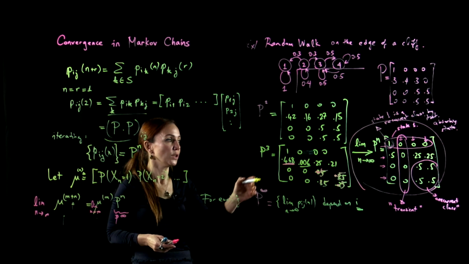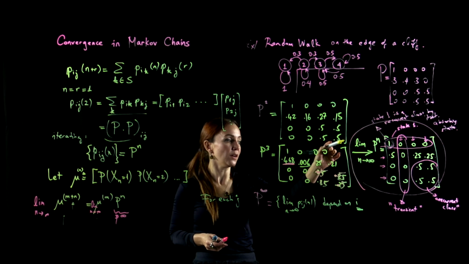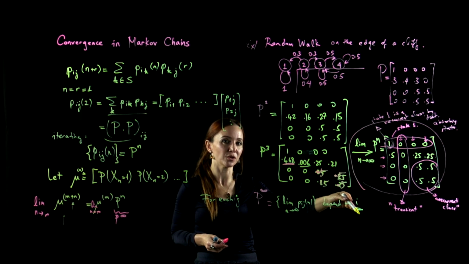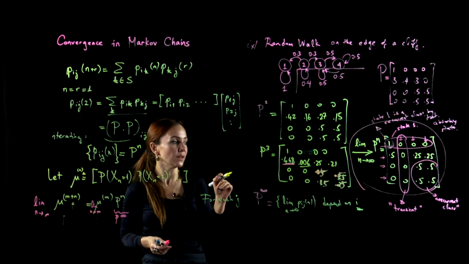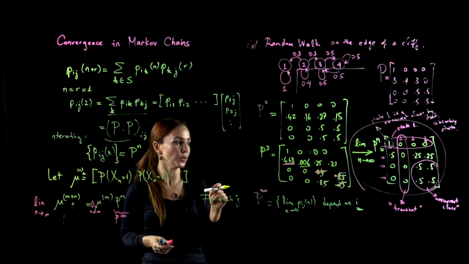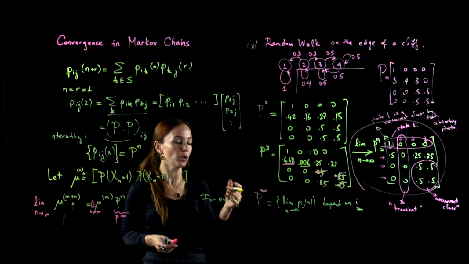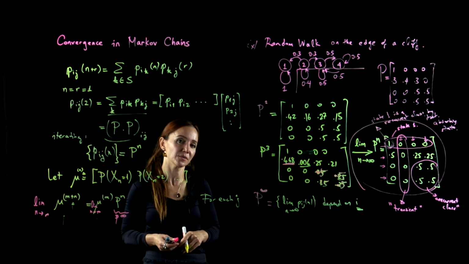This is because in this Markov chain there is more than one recurrent class. Okay, so this is an example of a non-ergodic situation, and we will formally define all of these in the coming lectures.